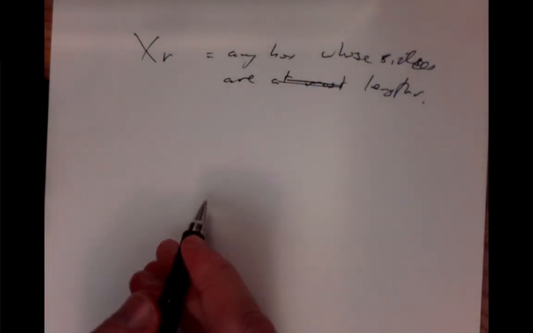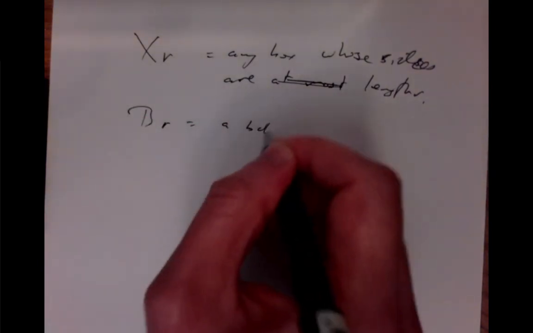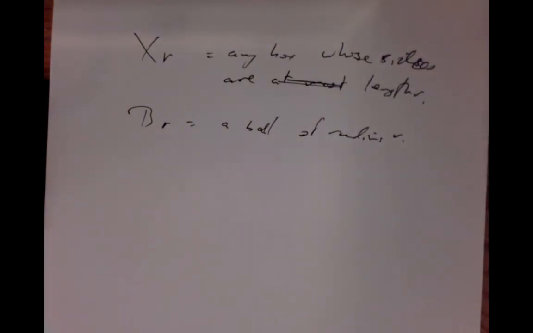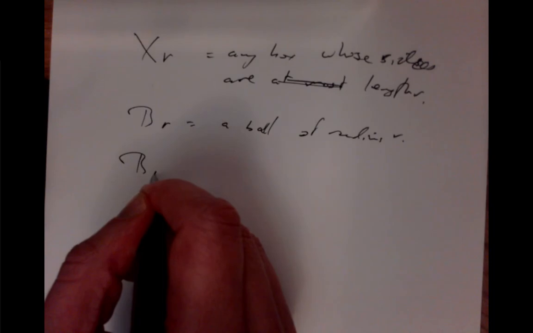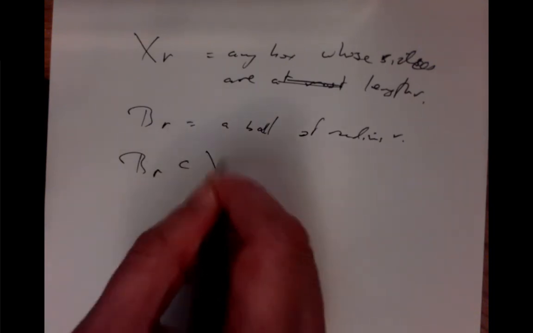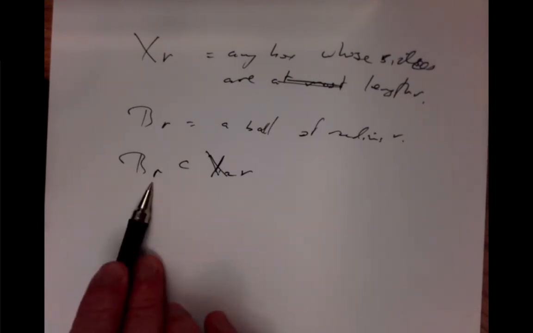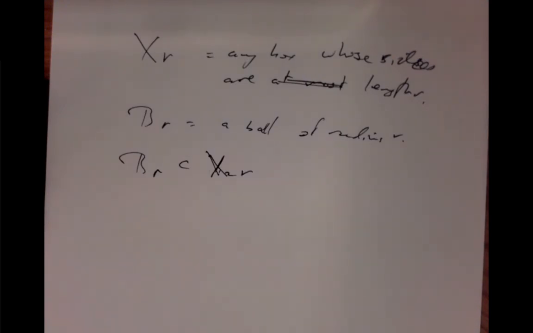Similarly, we'll write B_R for a ball of radius R. I won't specify where the center of the ball is or which box this is, just to make it not too confusing, because there are too many center points to worry about. So if I write B_R is contained in X_{2R}, I mean that every ball of radius R lies inside some box of side length 2R, for example.